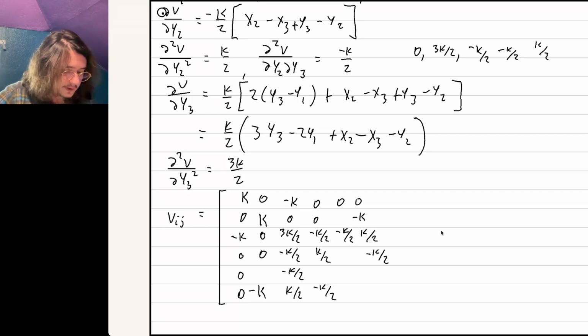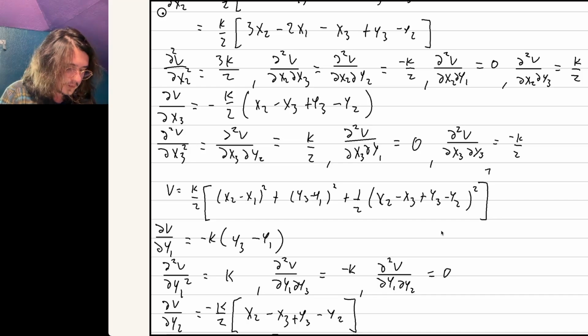Then the x3 stuff, something 0, something, k over 2, and then k over 2 and then minus k over 2.